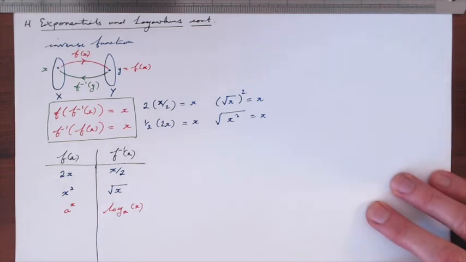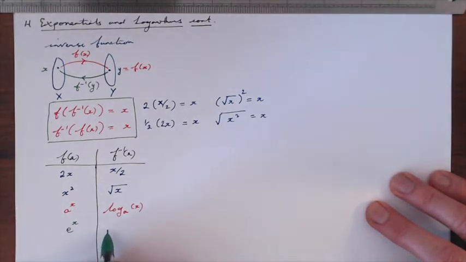A particular example of a base, the most important one, is the number e that we talked about in the previous tutorial. When we have the exponential function to the base e, you could write this as log to the base e of x, but because that's so common, probably 95% of exponentials in science and maths are using the base e, we don't have the fussy symbol log base e.